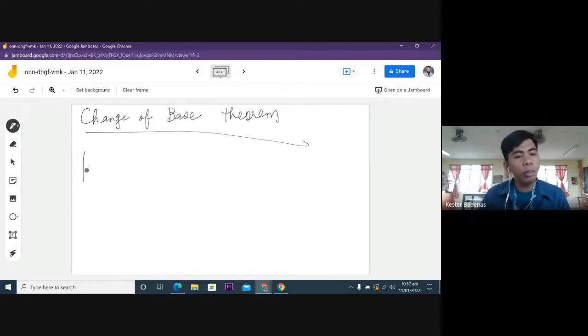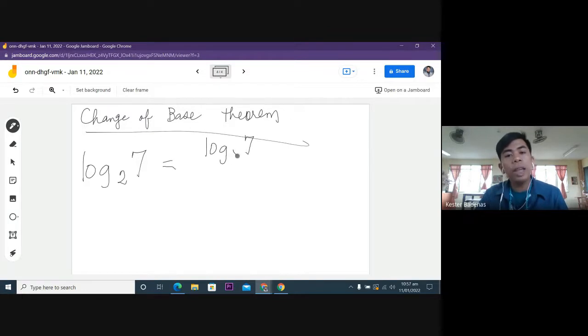Kapag meron tayong logarithm, kunwari, if we have logarithm of 7 with the base 2, that would become logarithm of 7 with the base x over logarithm of 2 with the base x.